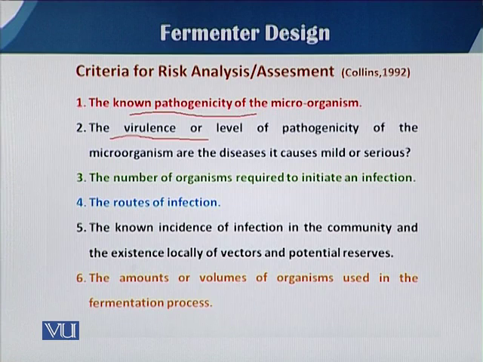The third is how many organisms are required to initiate an infection. If the organism is a pathogen and the virulence is serious, we should know how many cells are required to initiate the infection. With an organism like Salmonella, even 1 or 2 cells are sufficient to start the disease.